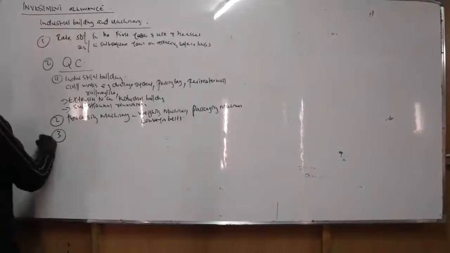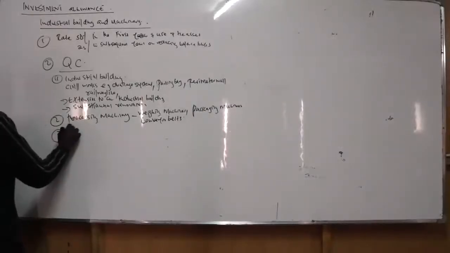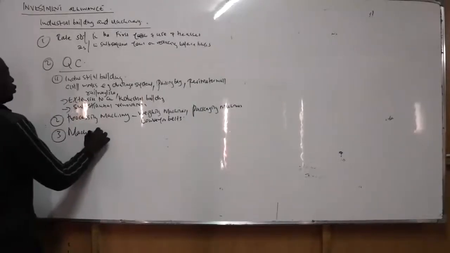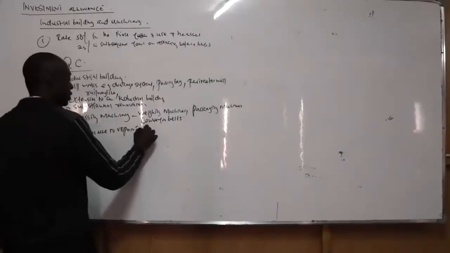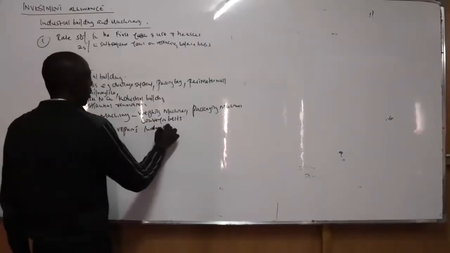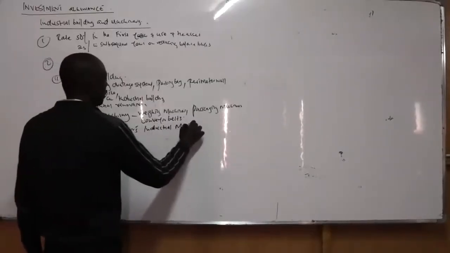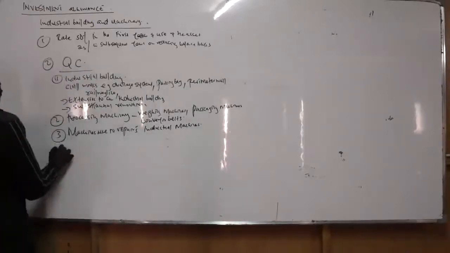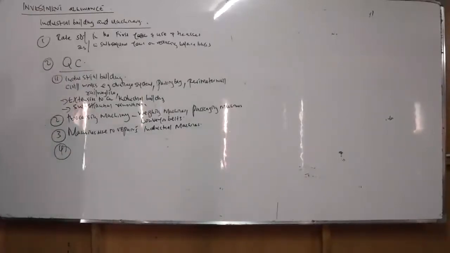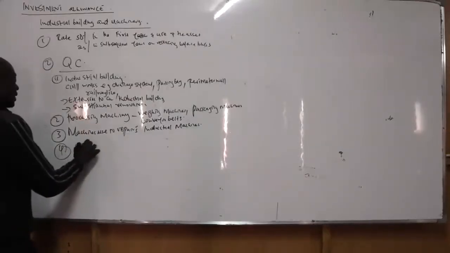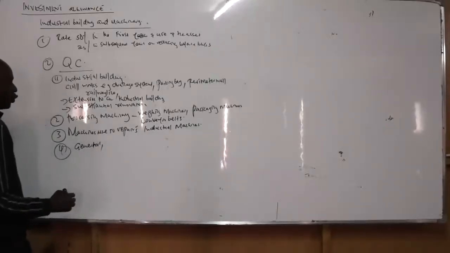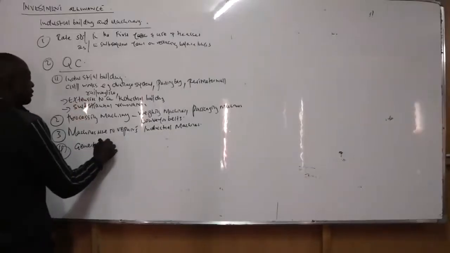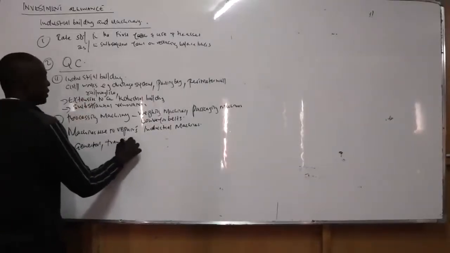Number three, we have those machines that are used to repair industrial machines. Number 4, we have those machines that are used to generate power, e.g. generators, and those that produce and distribute power, transformers, generators and transformers.